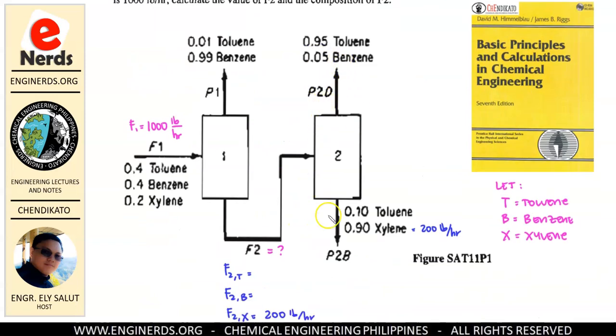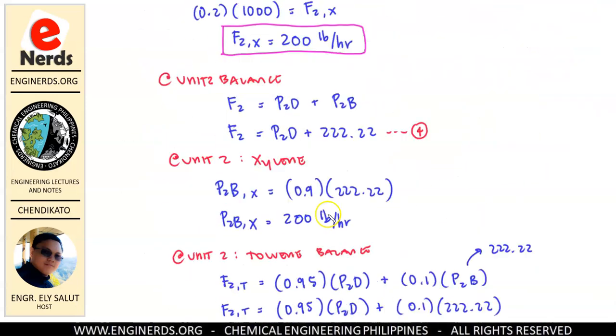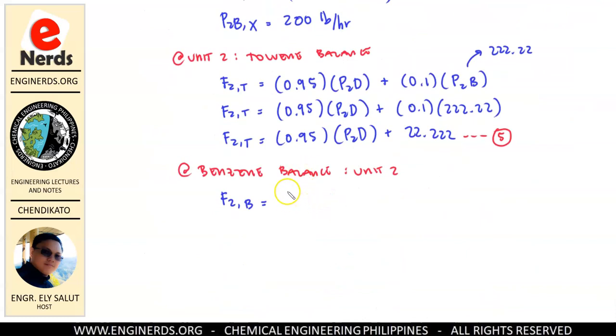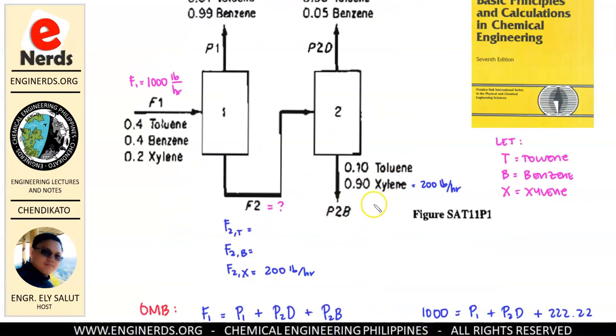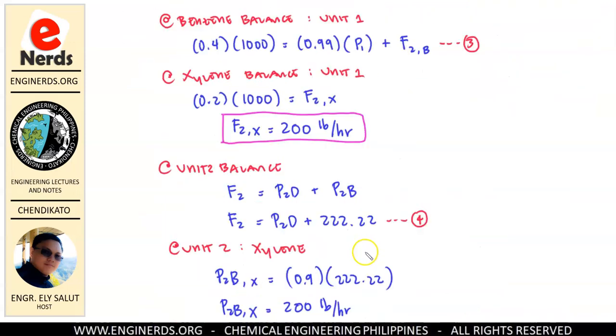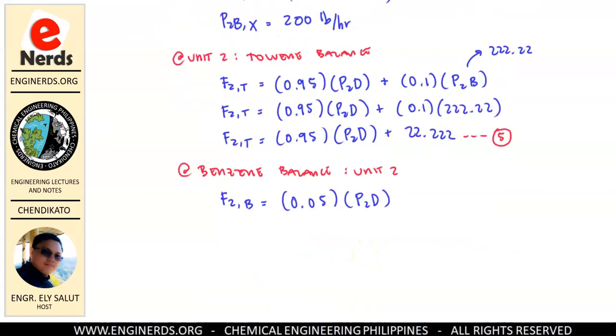So we have 0.05 P2D. Okay, so 0.05 times P2D, sorry. Okay, and wala tayong benzene dito sa ating P2B, right? So, that will be 0. So, therefore, ito na yung ating equation number 6.